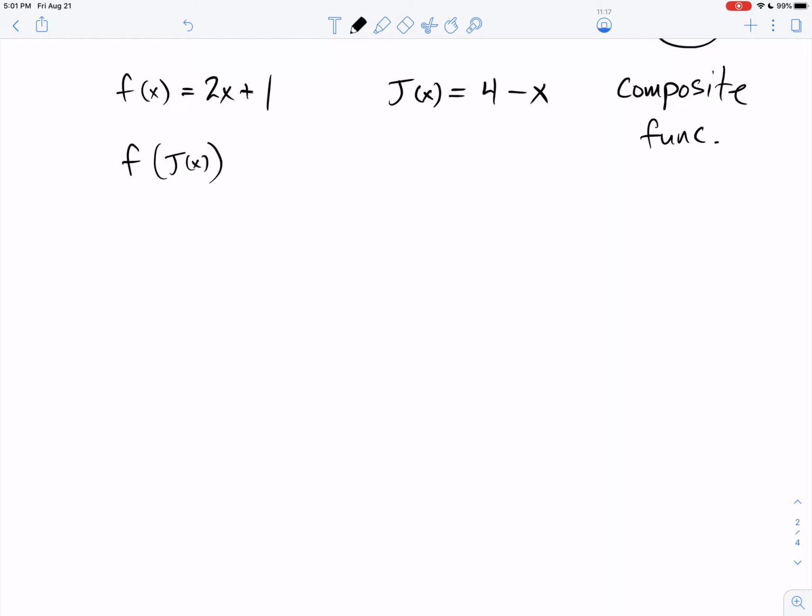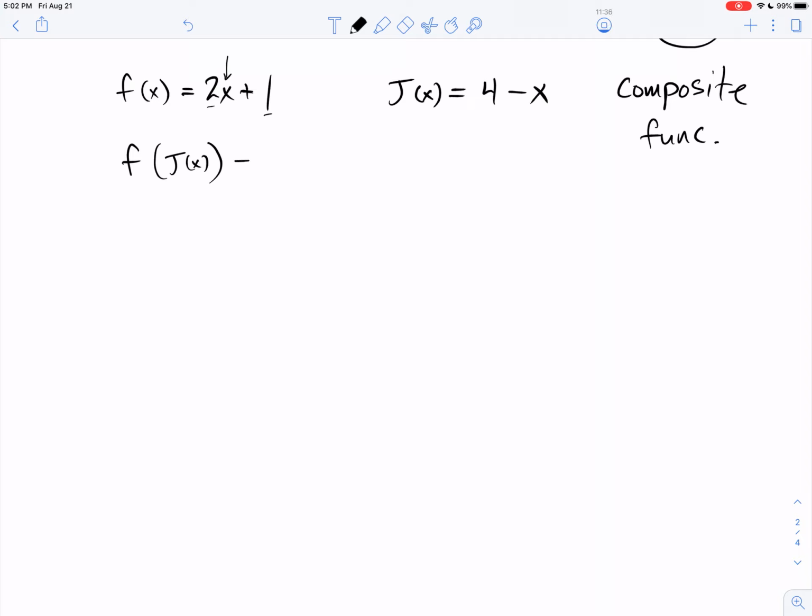So think about it. Look at this f of x thing. What does f of x do for a living? It takes whatever you plug into it and it multiplies it by 2 and it adds 1 to it. What is j of x's job? It's to be 4 minus x.